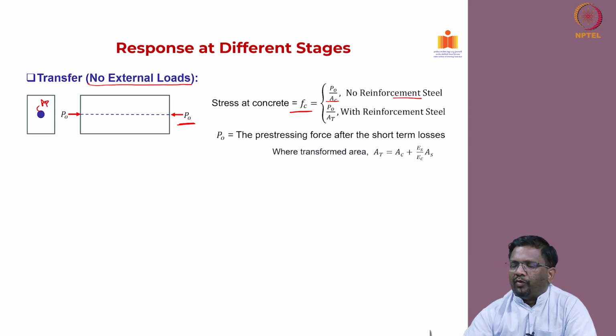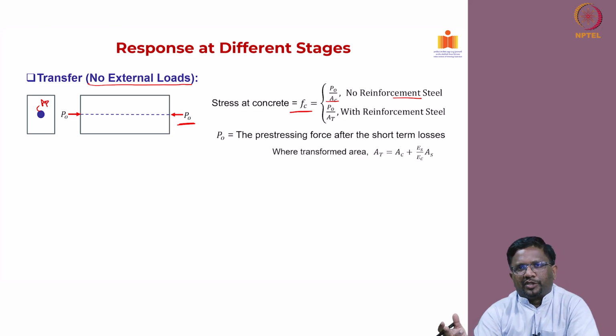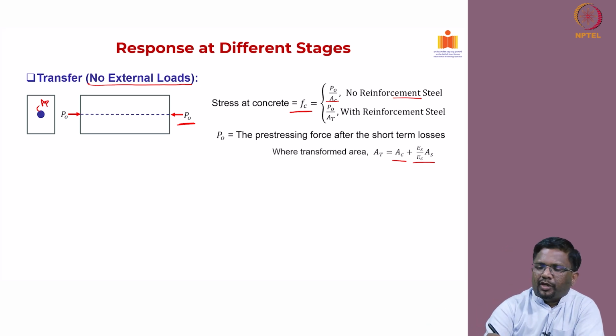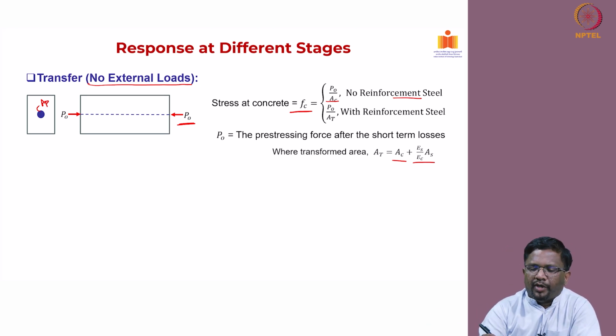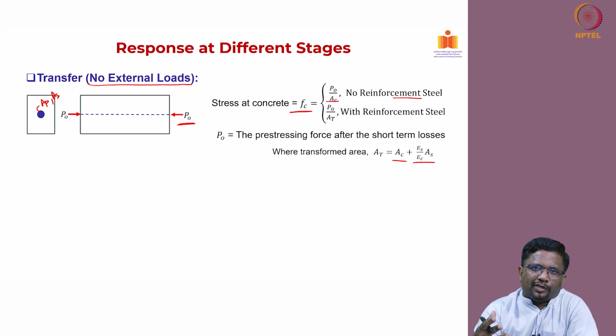So, then what we have to calculate is a transformed section. You know how to calculate the transformed section. Transformed section is actually taken as AC plus ES by EC into AS, right. If AS is your reinforcing steel, or in this case it is AP, okay, AP or AS, whatever pre-stressing steel amount you have, and we know the elastic modulus of concrete and the elastic modulus of pre-stressing steel.